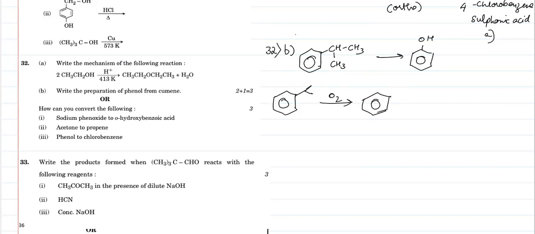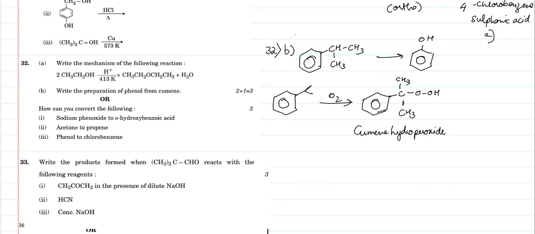So what's happening over here is this hydrogen is getting replaced by an OOH, and it's not COOH. Since this compound is called a hydroperoxide, you have an OOH. So this is cumene hydroperoxide.